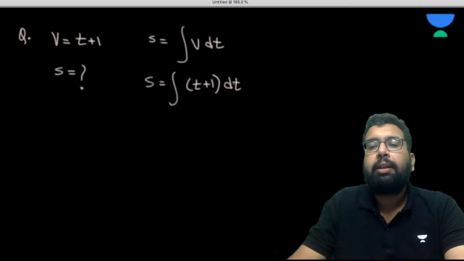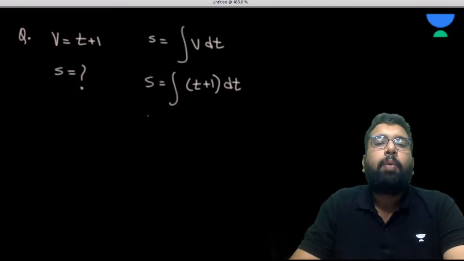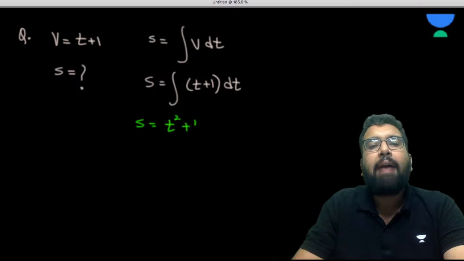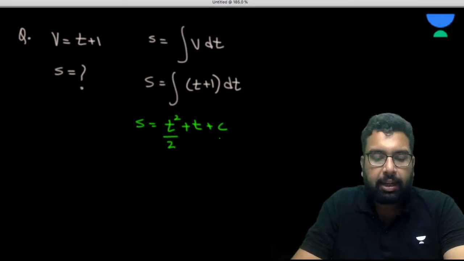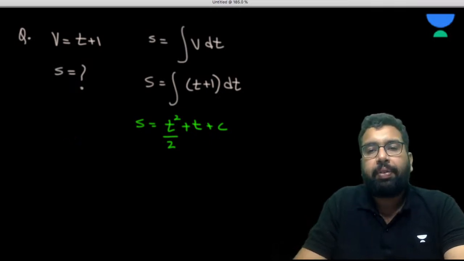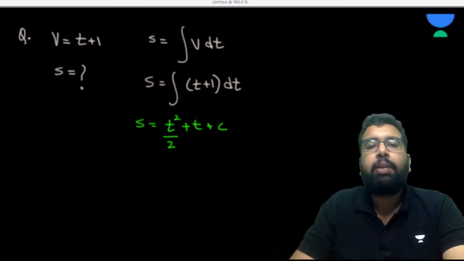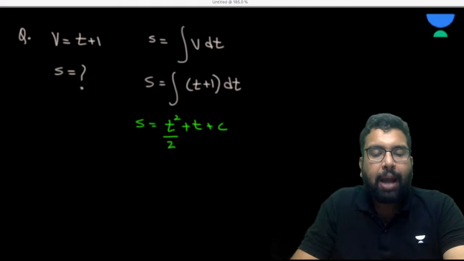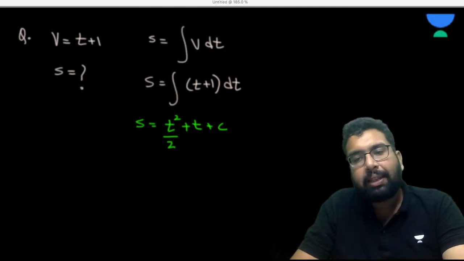Yes. Now, if I integrate, I'll be getting t square by 2 plus t, and don't forget the constant of integration. So when we integrate t plus 1, we get t square by 2 plus t plus c.